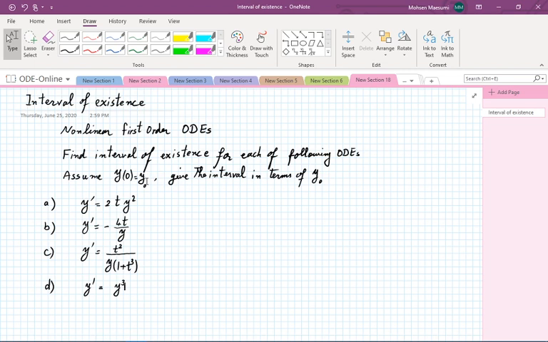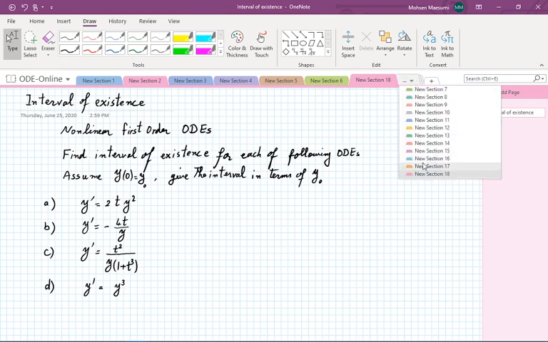So the statement of the problem itself sounds very different from what we had last time. In any of these problems, we want to solve it, find the interval of existence, and say how it depends on y0. How is that such a contrast from what we saw last time?